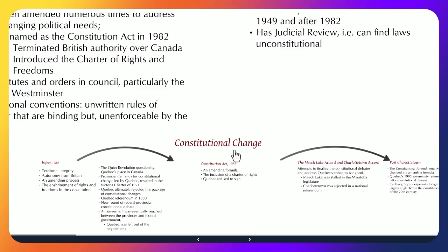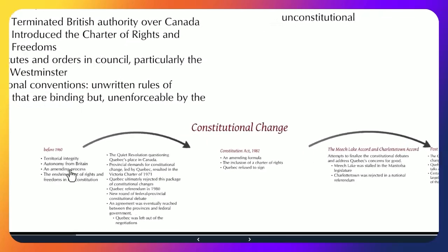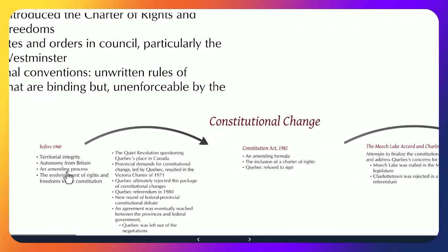Before 1960, then, the major constitutional debates revolved around territorial integrity, autonomy from Britain, which of course had to do with this issue of the Canadian government not being able to make amendments to the Canadian Constitution, and that was this amending process, and the enshrinement of rights and freedoms in the Constitution, because originally in the BNA Act, there was very little about the rights of Canadian citizens.